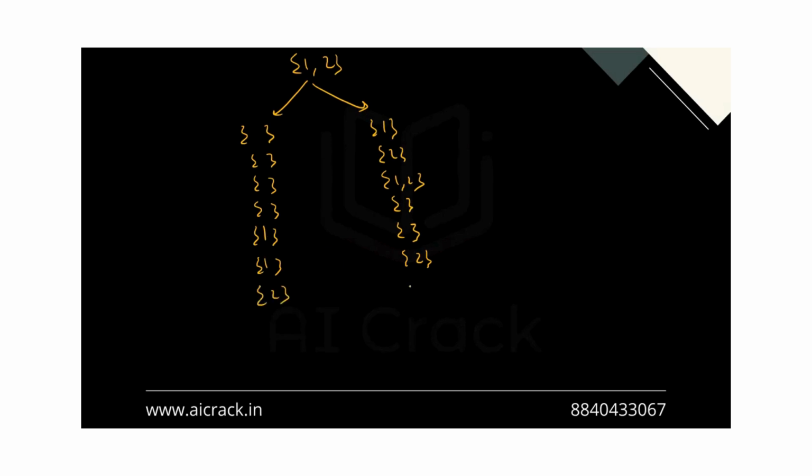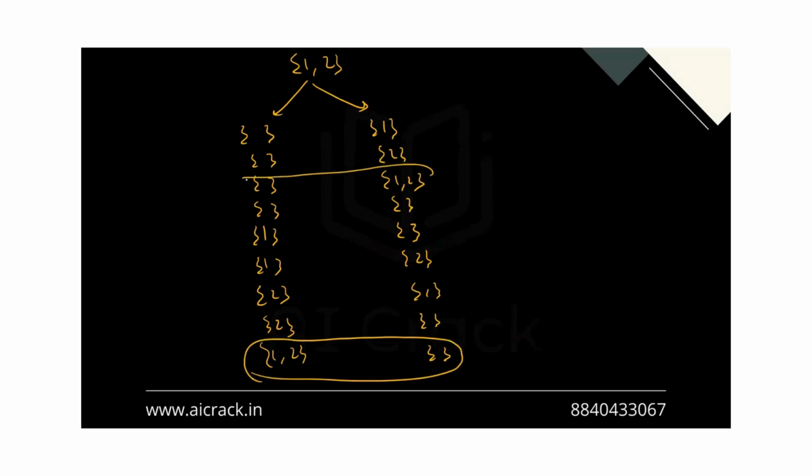In case of disjoint, we have just two possibilities for 1. Similarly, for 2, we have 1, and for 2, we have phi. These are the only two possibilities. And for 1 comma 2, we have just phi because both 1 and 2 would be common. Now if you look at it closely, you can see that this one and this one is same when we are talking about unordered pairs.